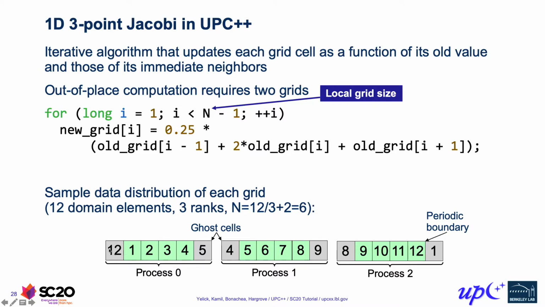So process 0 on the left-hand side also has a copy of the rightmost element of process 2. Now, not all of our versions of Jacobi will actually make use of these ghost cells, but all of our examples will have storage for those just to make the computation the same. And the only thing that will be different is going to be the actual communication pattern.